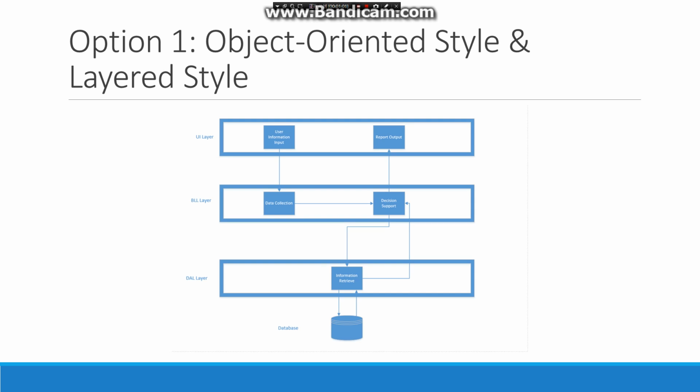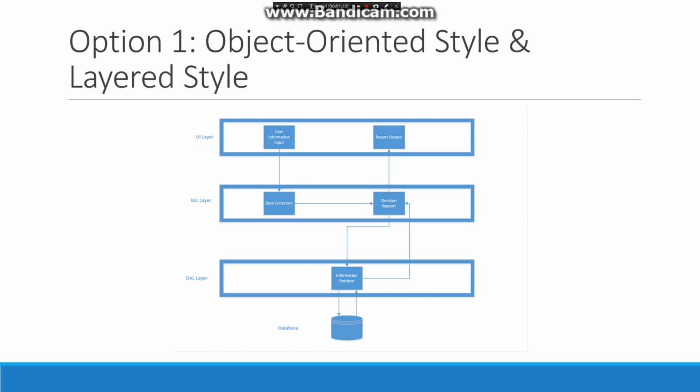Here is option 1. I choose the object-oriented style and layered style. As you can see, I have divided the system into 3 layers: the first layer is the UI layer, the second is the BAL layer, and the third is the DAL layer.